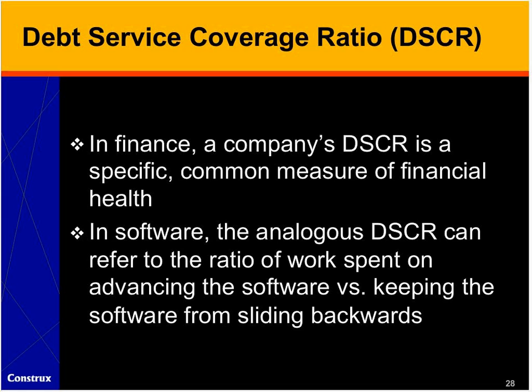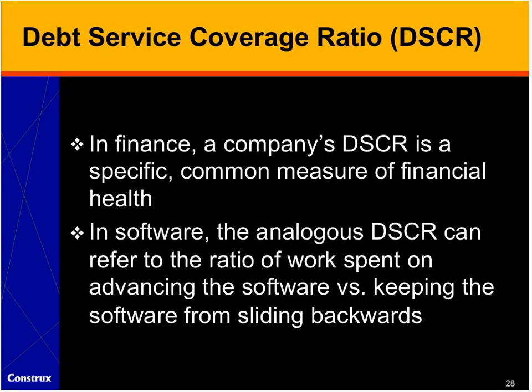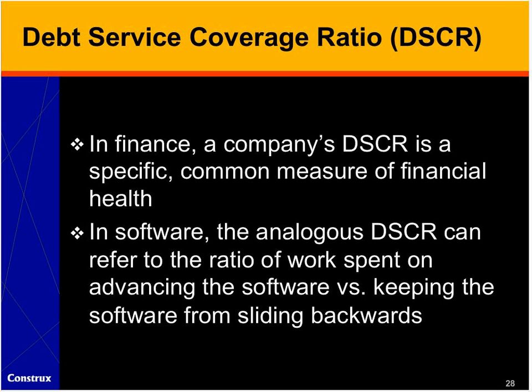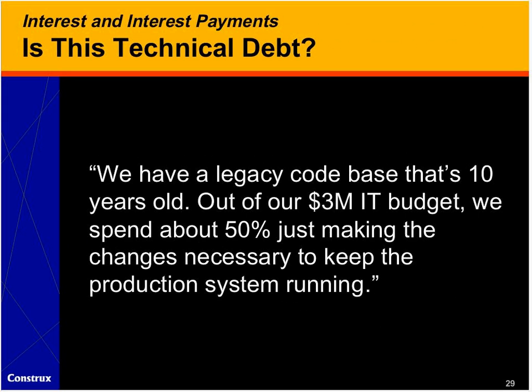Now, another concept that's interesting to apply to technical debt is what's called the debt service coverage ratio, or DSCR. And in finance, this is a specific common measure of financial health. And in software, the analogy to DSCR is really the ratio of work that you spend on advancing the software versus the work that's needed to keep the software from sliding backwards.